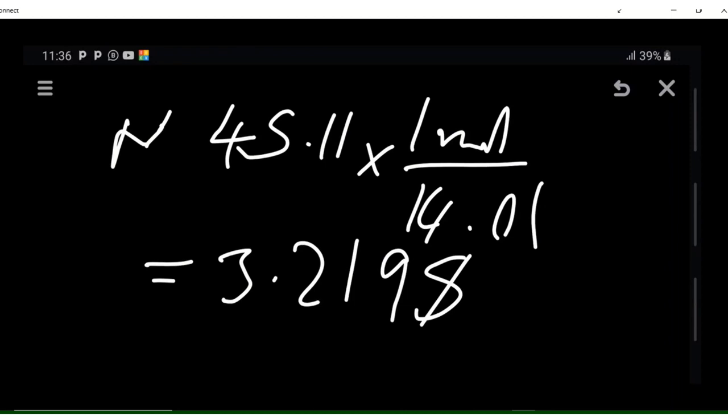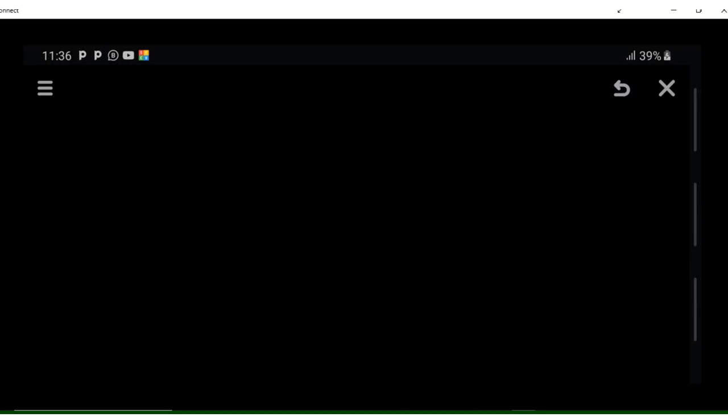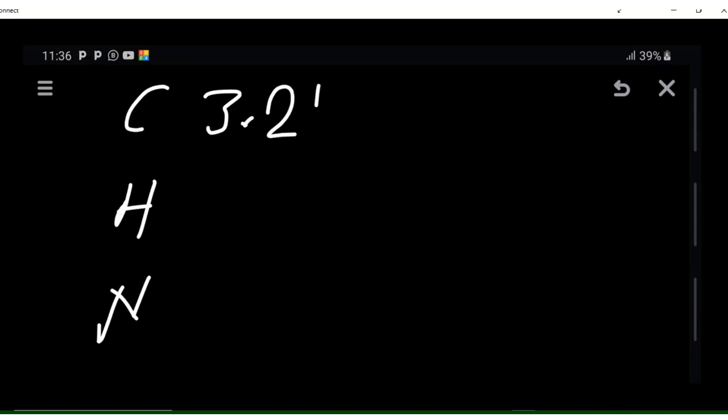Right, so we can rewrite these. I want you to see now: carbon, hydrogen, and nitrogen. For carbon, we have 3.2198. Hydrogen, we have 16.22.